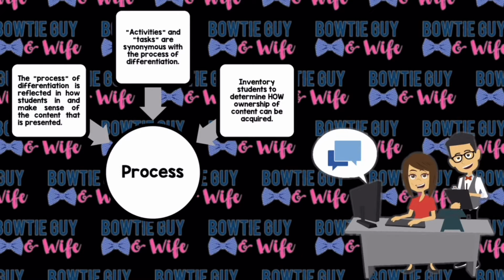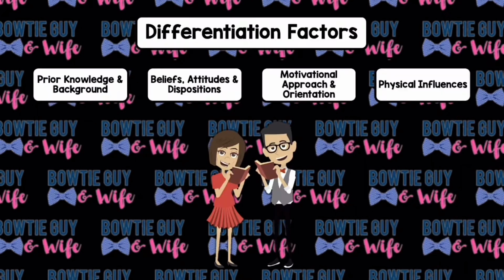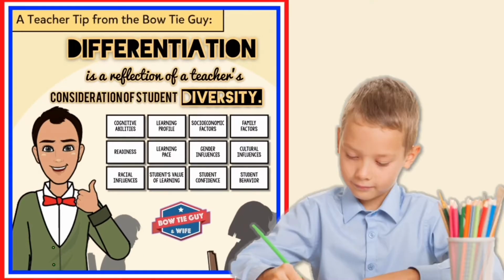Inventory students to determine how ownership of the content can be acquired. Some differentiation factors: prior knowledge and background, a student's beliefs, attitudes and dispositions, their motivational approach or orientation, in addition to their physical influences.